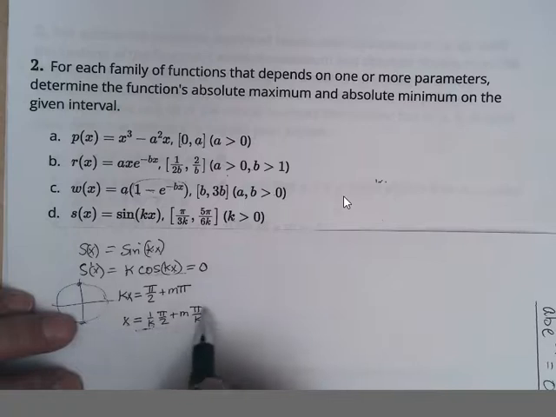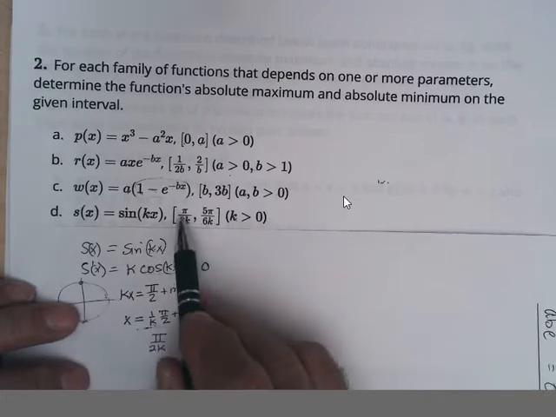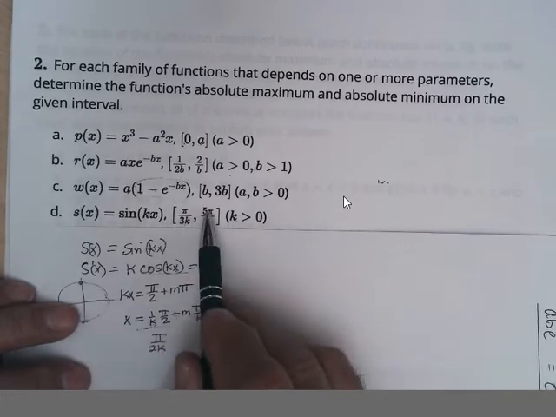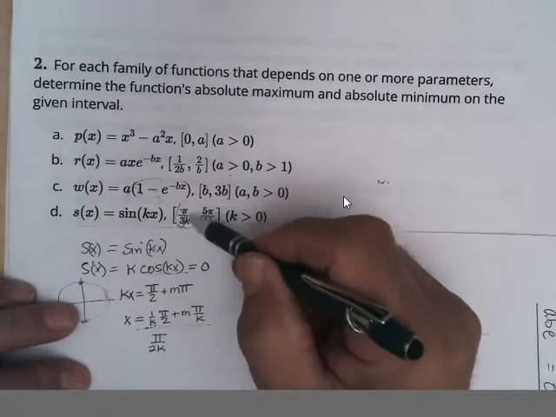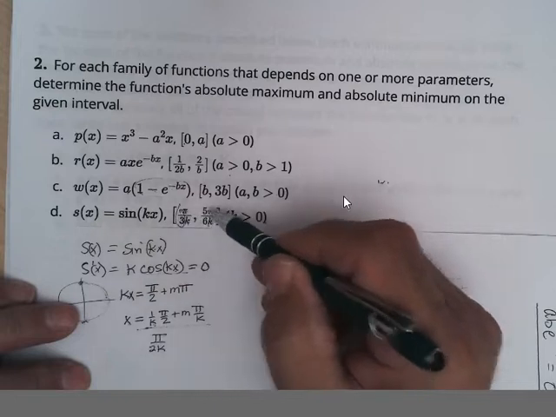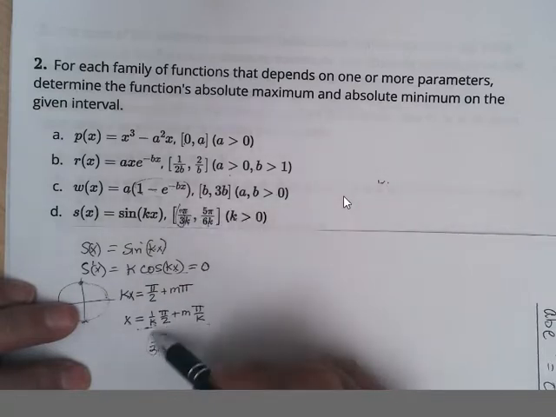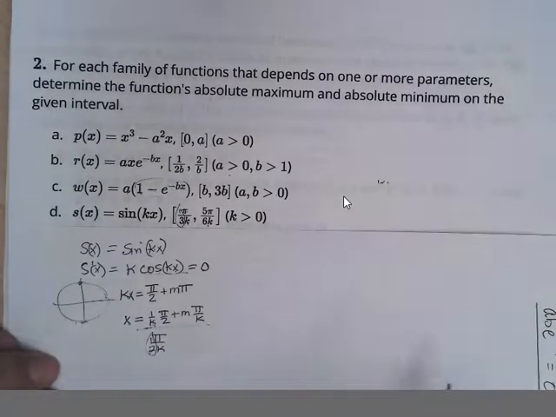So if I don't have this, I have pi over 2k. Is that between pi over 3k and 5 pi over 6k? So both of these have pi over k, so it has to be between 1/3 and 5/6. This is 1/2, which is between 1/3 and 5/6.